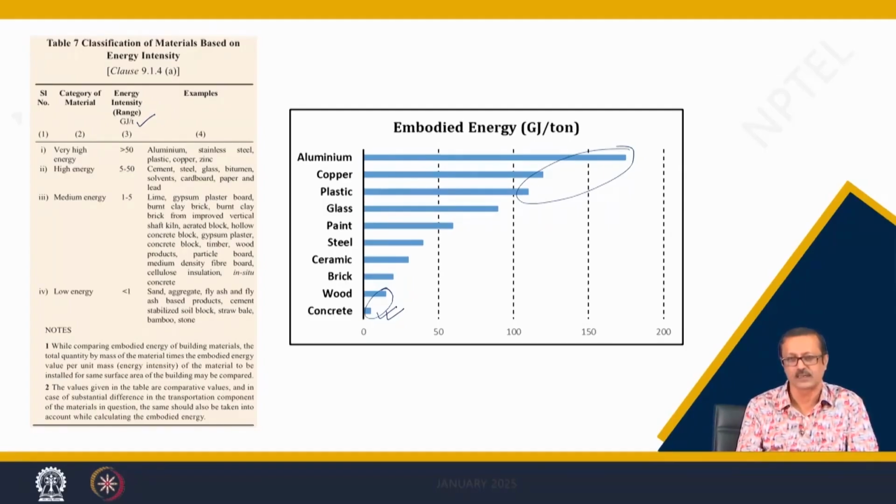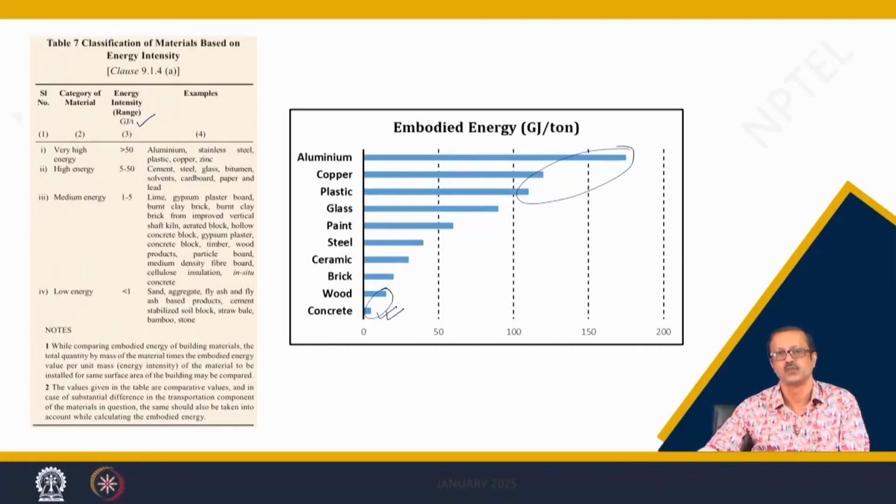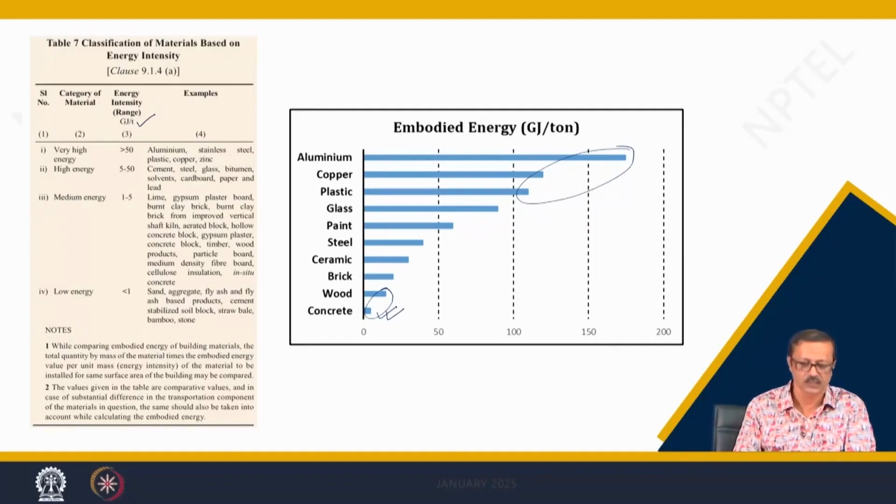It is something like 1:2:4. So, 1 proportion is cement, 2 is sand and 4 is coarse aggregate. So, definitely a lion's share of the material will be sand and coarse aggregate, whose embodied energy is very less compared to steel and cement.